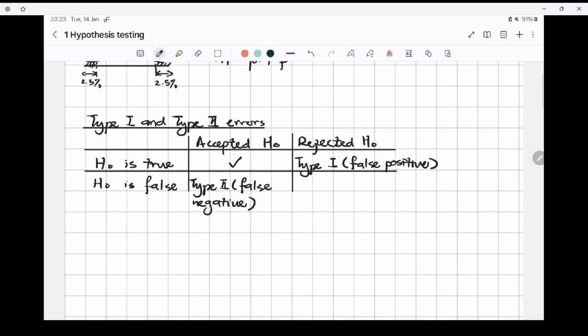So finally, if H naught is false and you rejected the claim, then you are doing the correct choice.